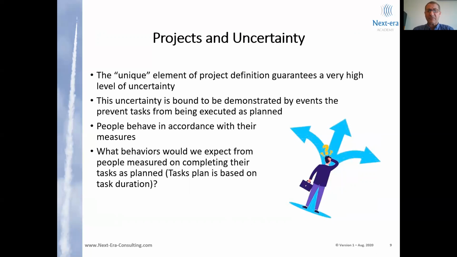We need to bring into consideration that people do behave in accordance with how they are measured. And then we have to ask ourselves, under these conditions, what type of behaviors would we expect people to have in an environment where they are being measured, evaluated, and even incentivized by their ability to complete their tasks as they planned it.